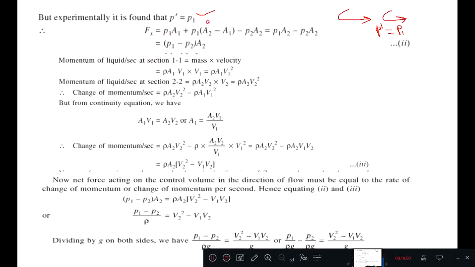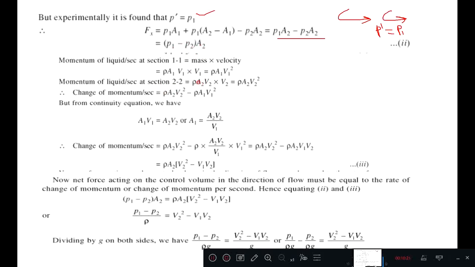Now if we substitute in the above equation, it becomes P1A1 plus P1 into bracket A2 minus A1, minus P2A2, which is equal to P1A2 minus P2A2. If we simplify by taking A2 common, we get P1 minus P2 into A2.